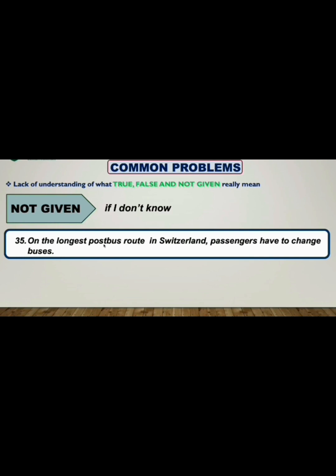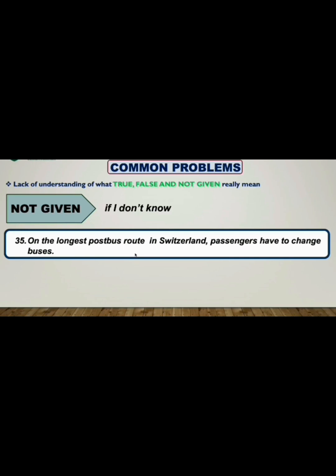But if you are traveling on the longest one, you will have to change buses. So you'll have to move from one bus to another. So on the longest post bus route in Switzerland, the passengers will have to move from one bus to another.